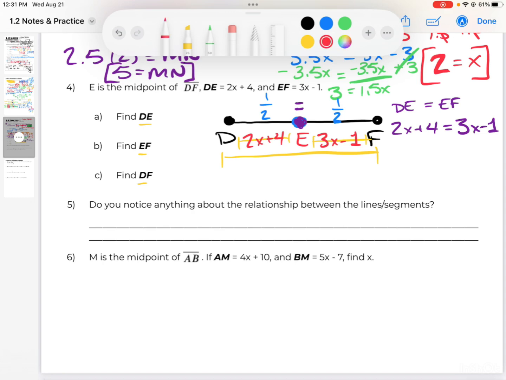And now I would just solve for x. x equals 5. I'm going to leave it right there because once you know that x equals 5, you can use that and these equations to solve for these.